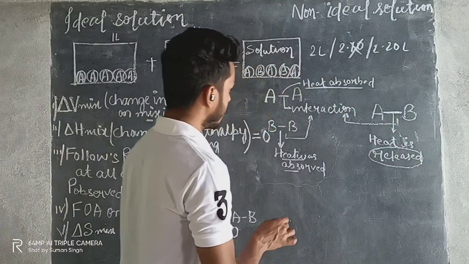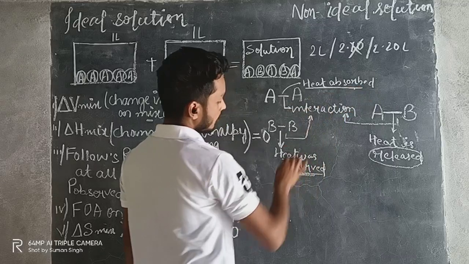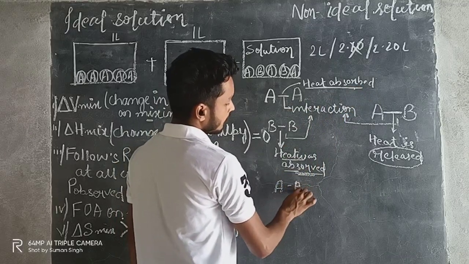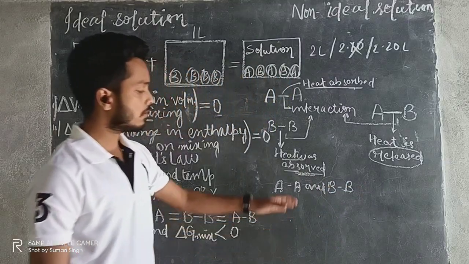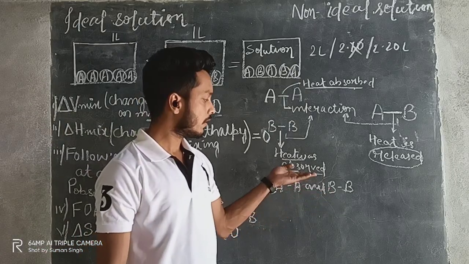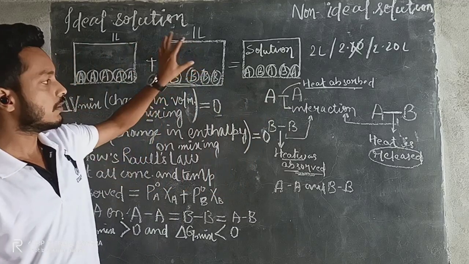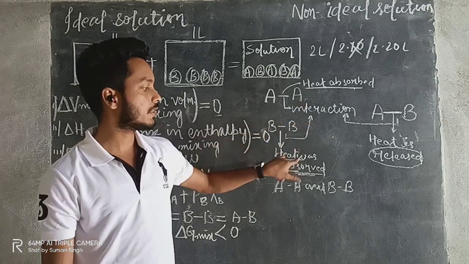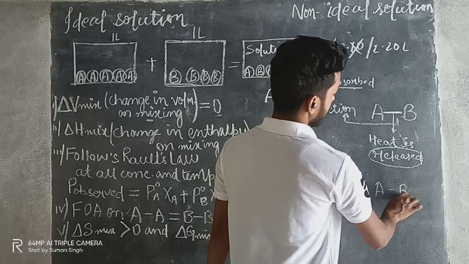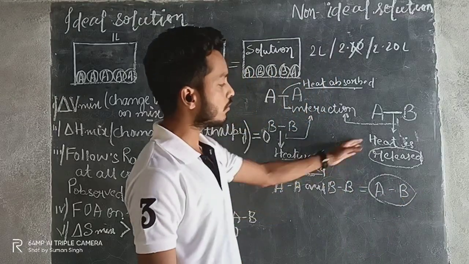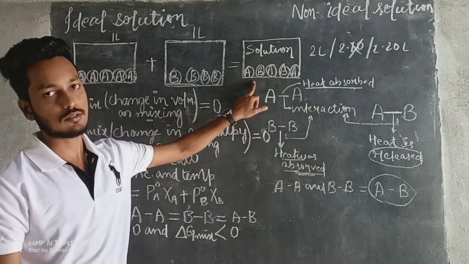So if the heat absorbed during the formation of AA and BB, when they were alone, is the same amount of heat released during the formation of AB, at that time we call this type of solution an ideal solution. Right?